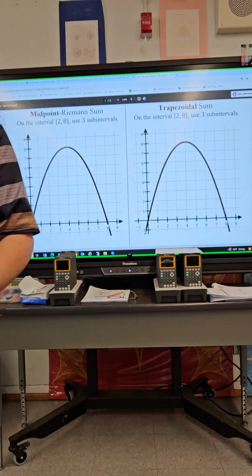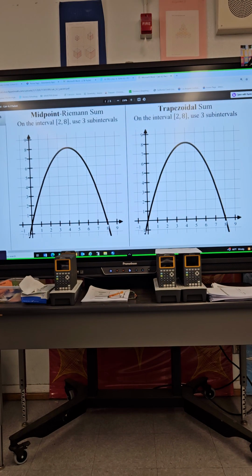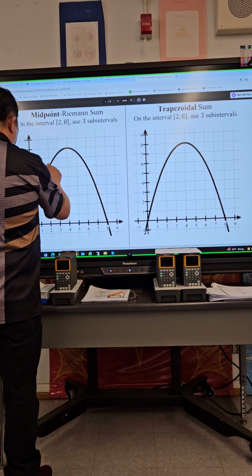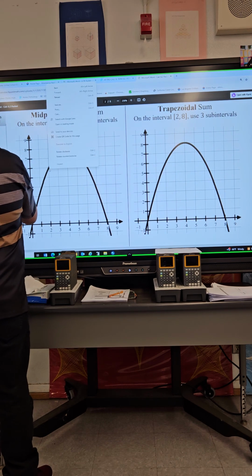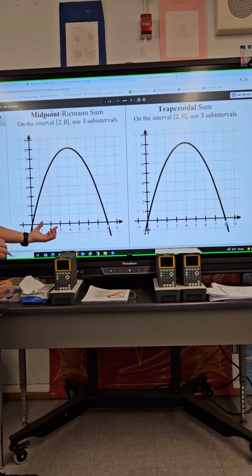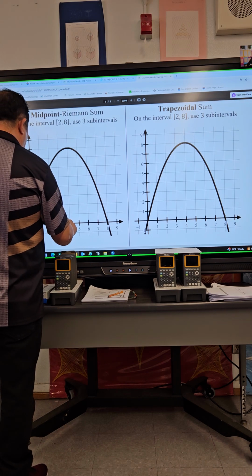So we have on the interval 2 to 8, use 3 sub-intervals. So same problem. Okay, so we're gonna do 2 to 8, 3 sub-intervals. Therefore, what is the width? The width is 2, right? The width is 2.